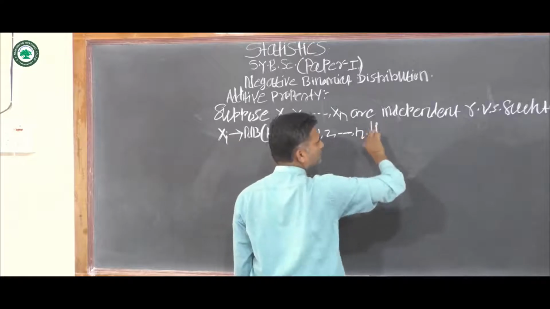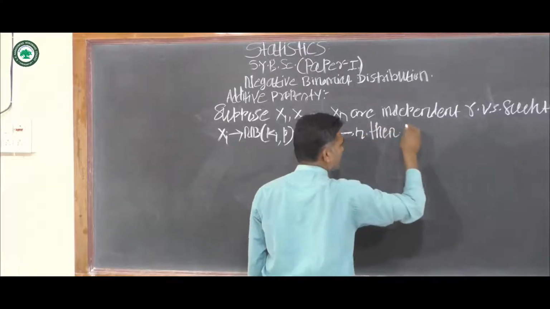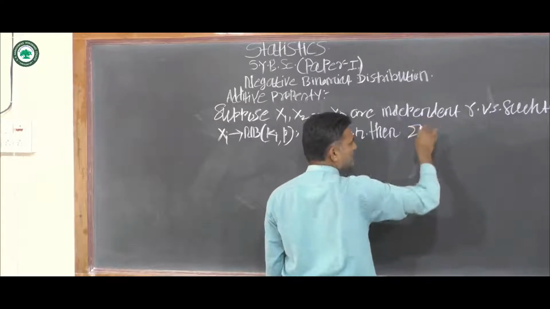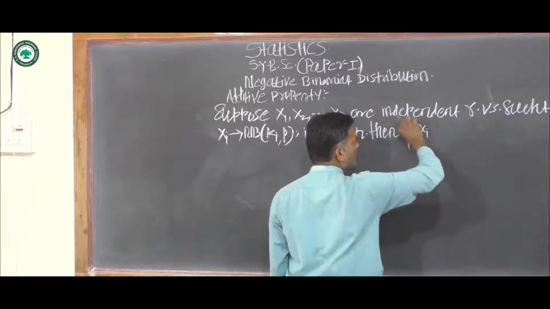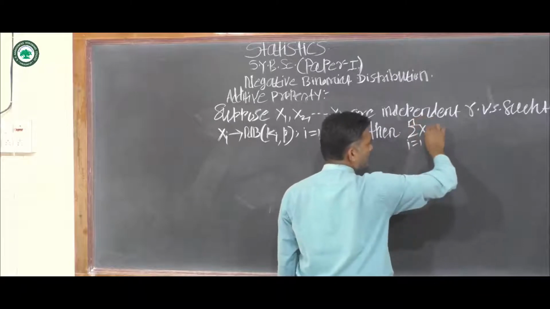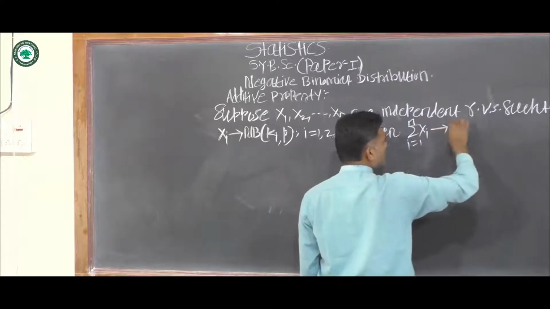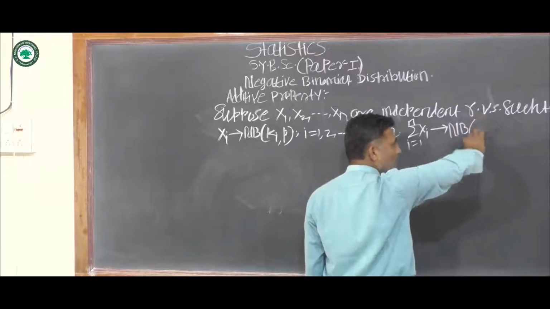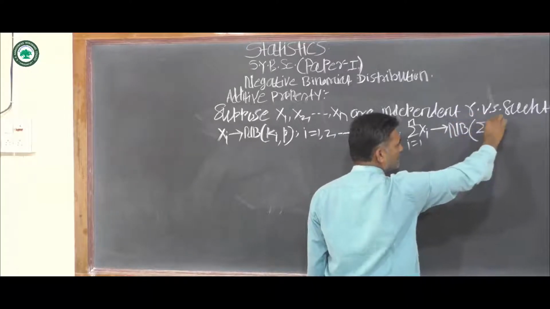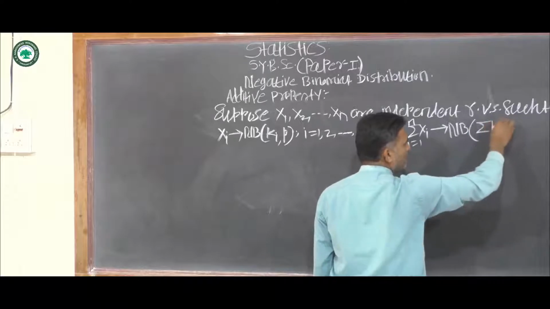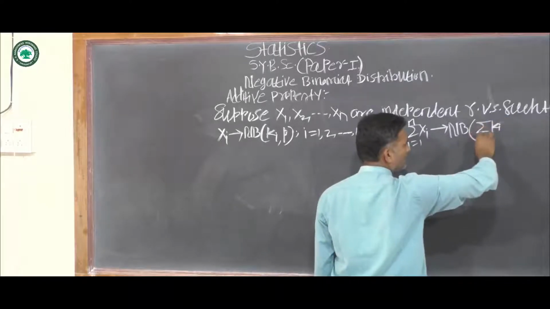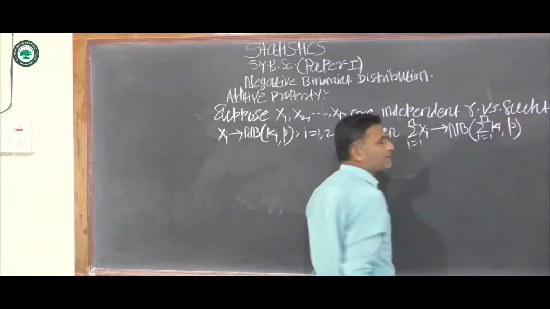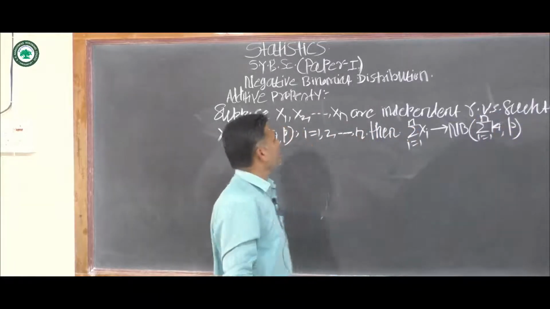Then the summation of Xi, with i running from 1 to n, again follows negative binomial distribution with parameters summation of ki, with i running from 1 to n, and p. This is the generalization of the additive property.